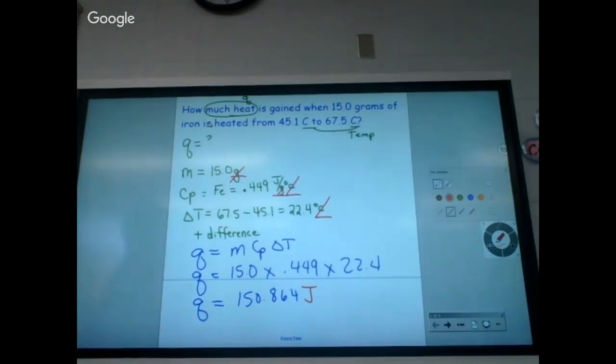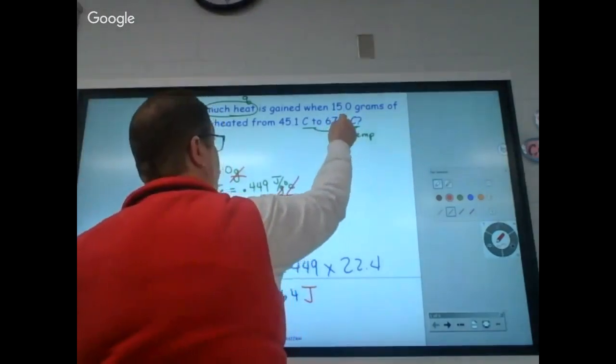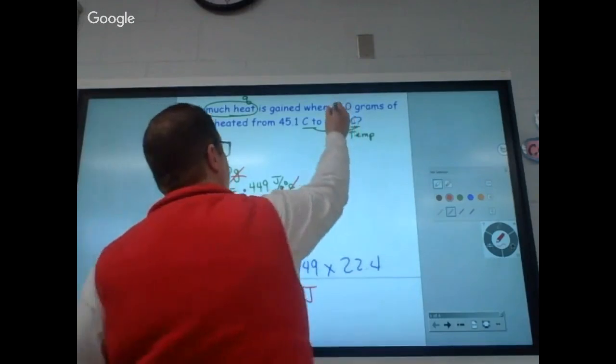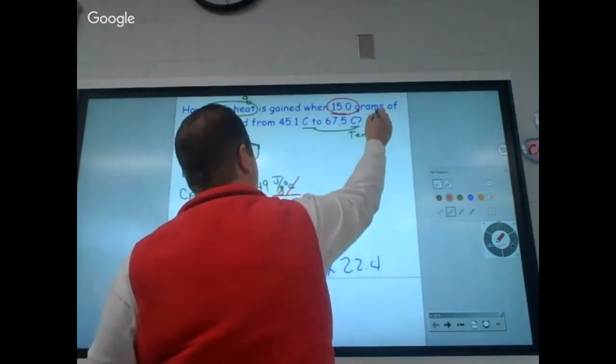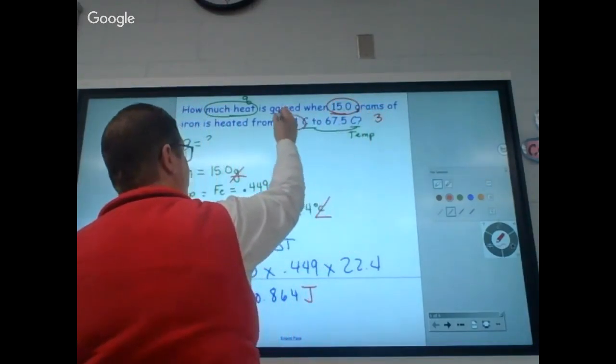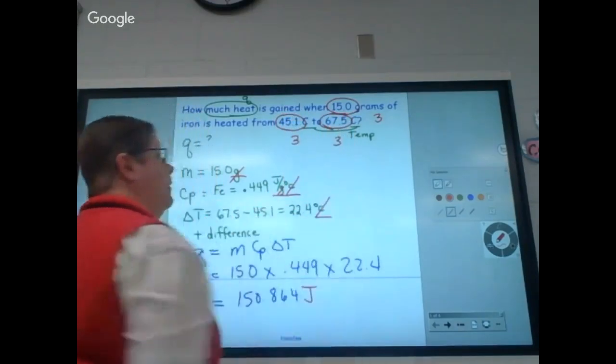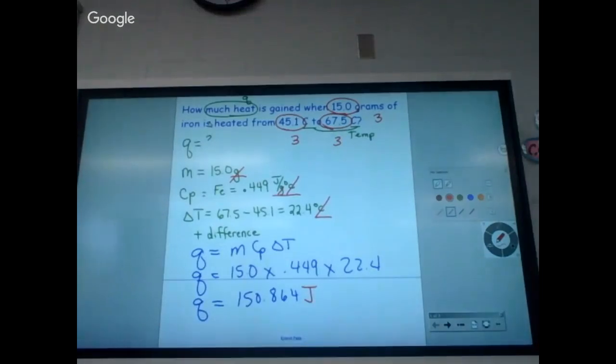So we multiplied and divided. Where did I tell y'all we always got our significant digits from? The original question. So how many are here? Three. It's after the decimal, after the 5.